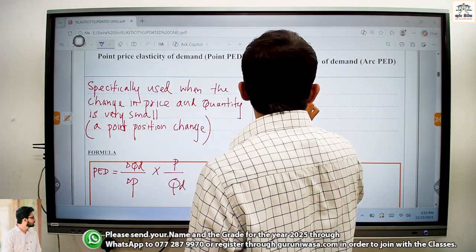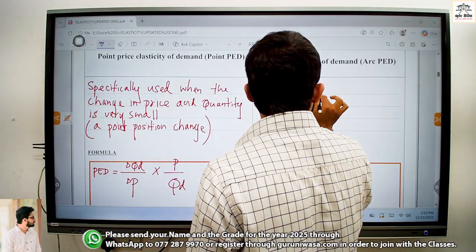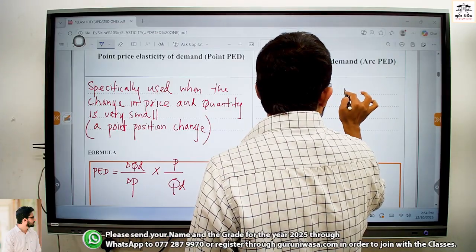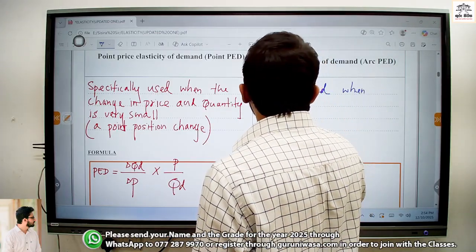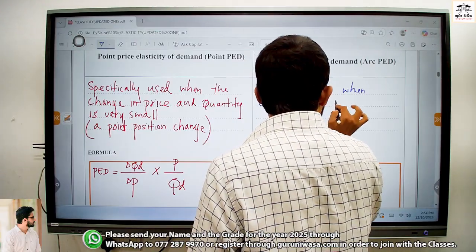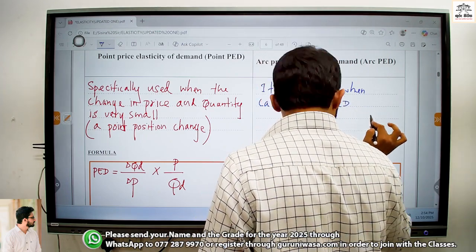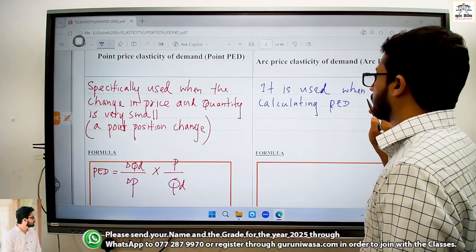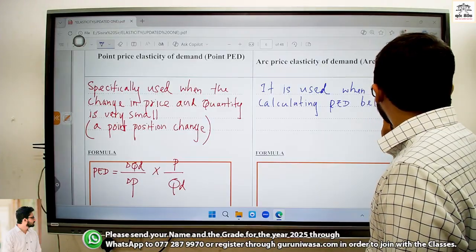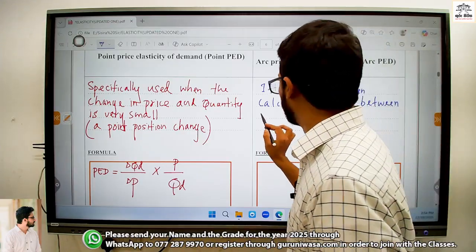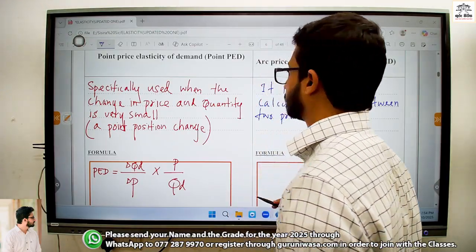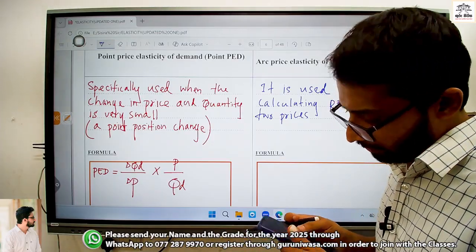It is used when calculating PED between two prices, two prices.